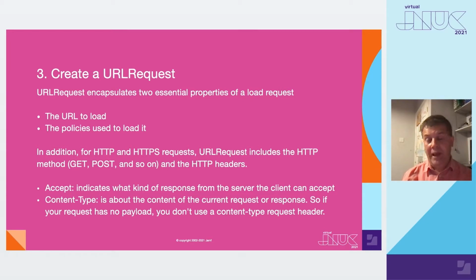So maybe you've got a payload you want to upload. This can be JSON or XML, but with the classic API, we are limited just to XML. If you have no payload to upload, you don't need content type. And if not downloading anything, you won't need the accept. So you use these based on what you're trying to achieve, and we've got some examples of both as we go through.